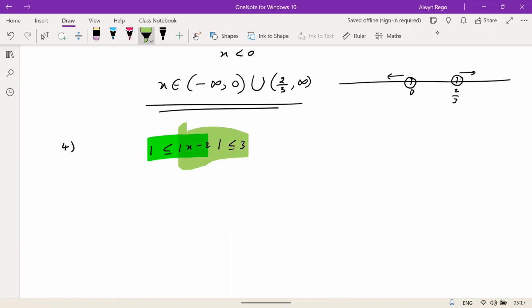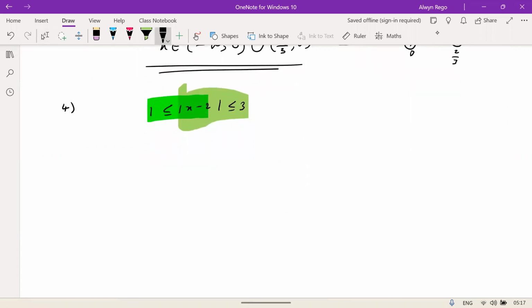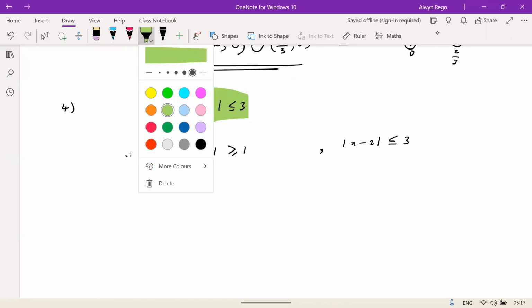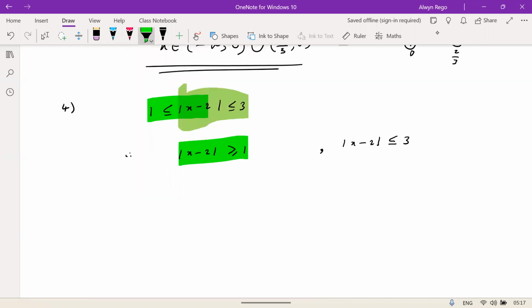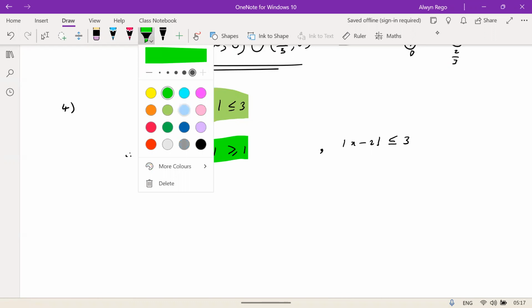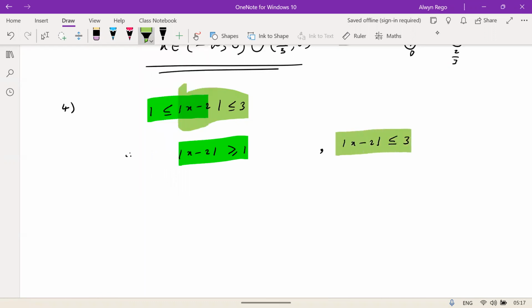So I treat them as two different inequalities: |x - 2| >= 1, and |x - 2| <= 3. I have to make sure that I obey both inequalities, almost like an 'and' compulsion.